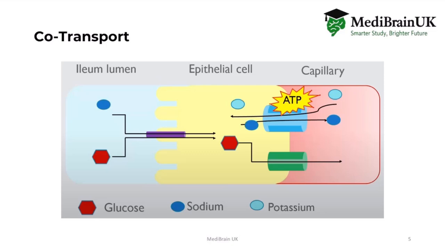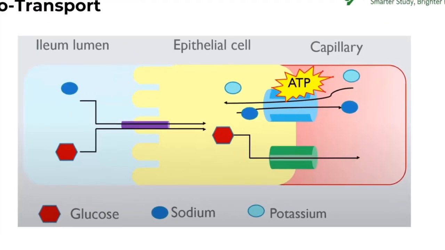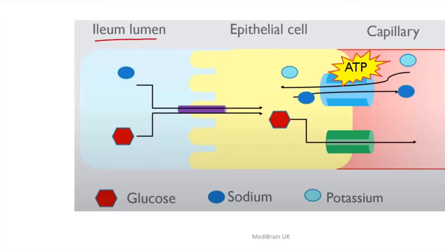What we're dealing with is something we have normally in our body. If we think about our intestines, co-transport occurs. You have your ileum lumen. This is basically the inside space of your intestines. Outside of your intestines, on the outer surface, you have epithelial cells.